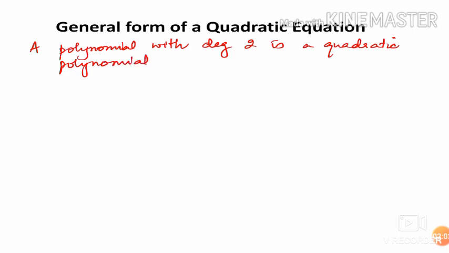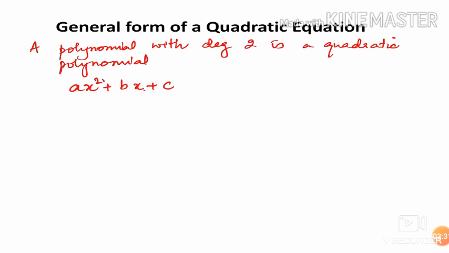Remember, we had written a general form for this polynomial: ax square plus bx plus c, where the degree of the polynomial is 2. That is the highest power of the variable.